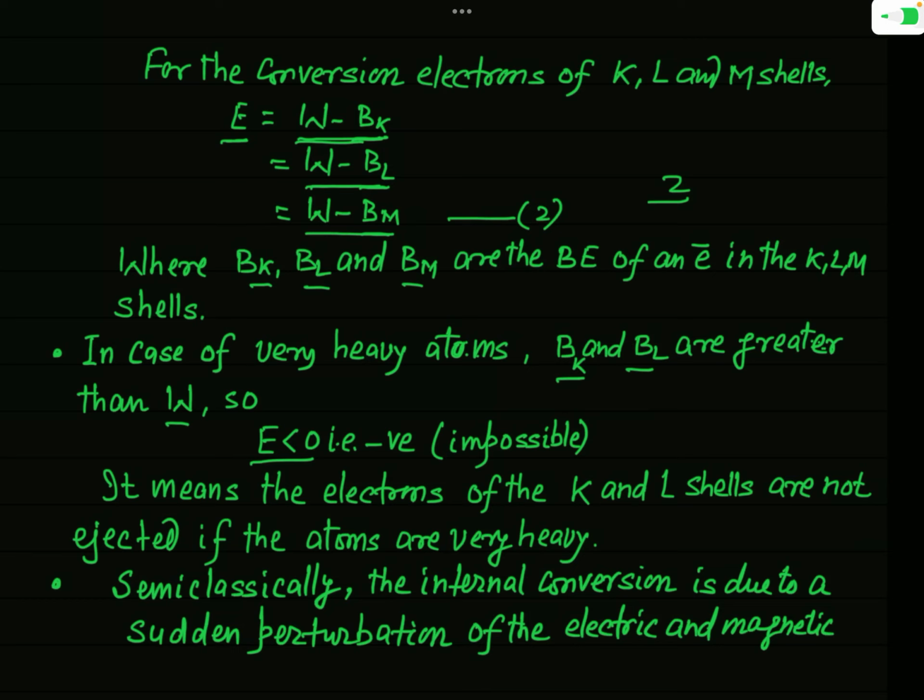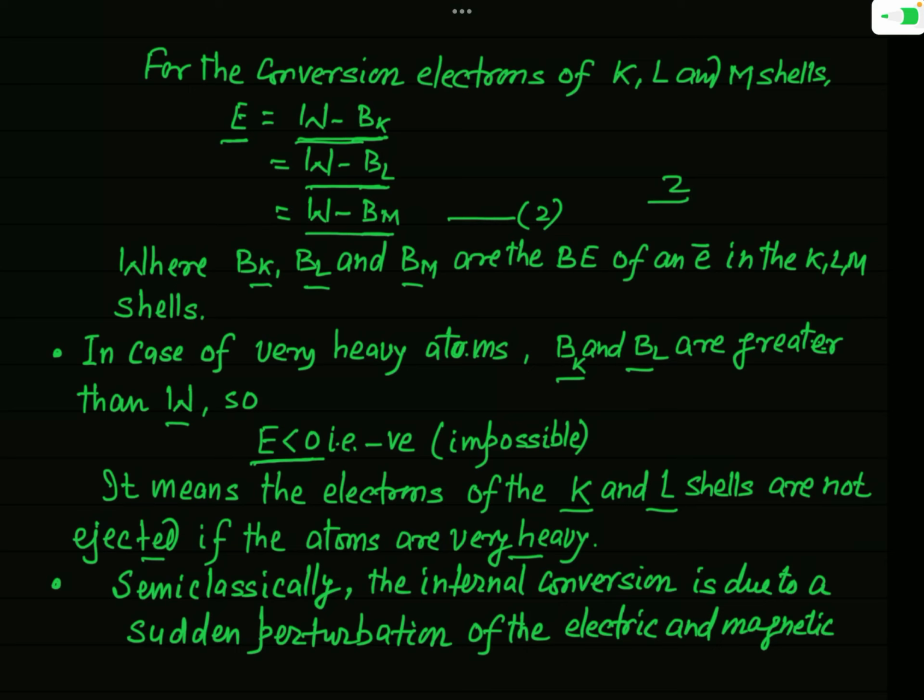But you know that kinetic energy is never negative. It is half mv squared, so it cannot be negative. So if the value of kinetic energy comes out negative in the case of a very heavy atom, what does it mean? Physically, it means those electrons will not be ejected. It means the electrons of the K and L cell are not ejected if the atoms are very heavy.